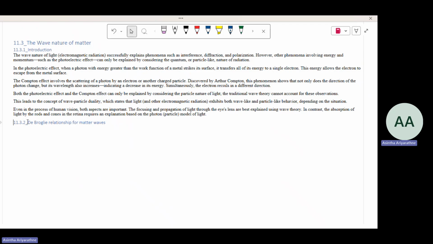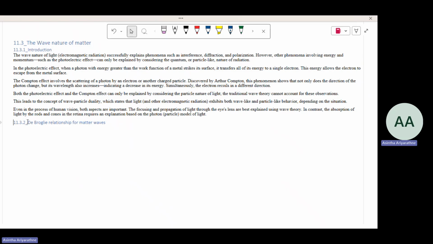Likewise, any object could behave sometimes according to a wave, sometimes according to a particle.